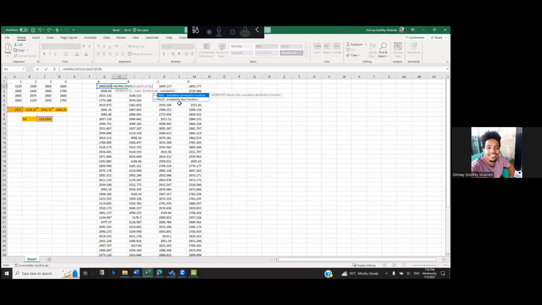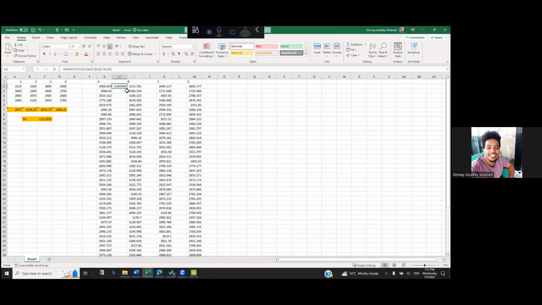True or false: true gives the bell shape? No, that's the cumulative distribution function, and false gives the probability distribution function. So that's the probability distribution function, so false.